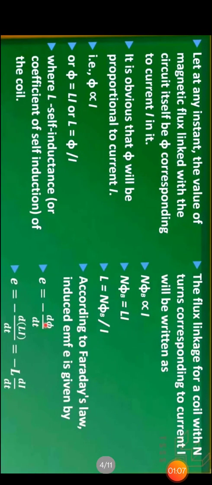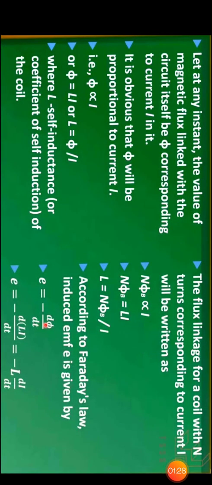self-inductance. Let at any instant the value of magnetic flux linked with the circuit itself be phi, with corresponding current I in it.